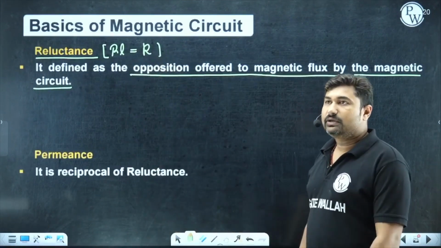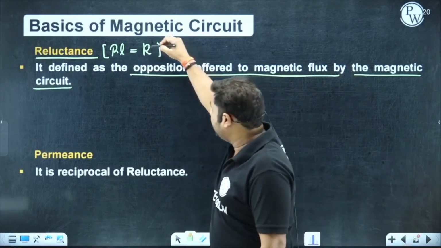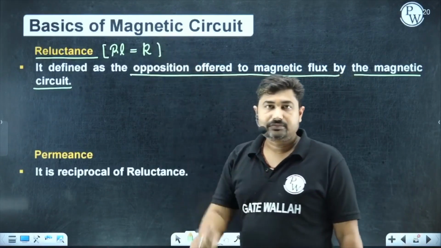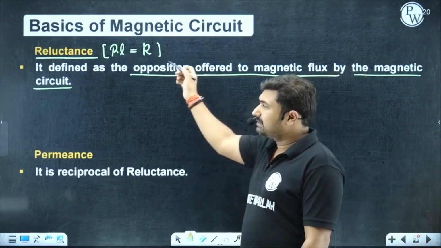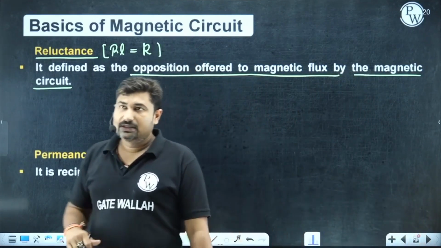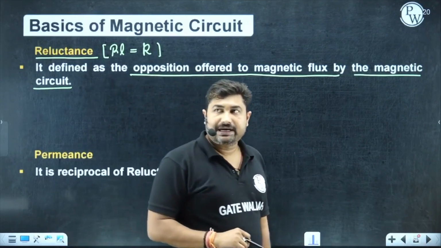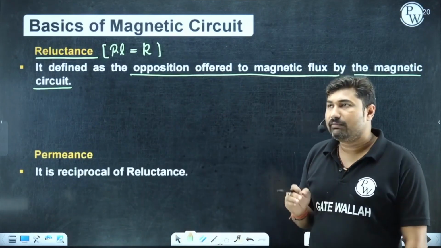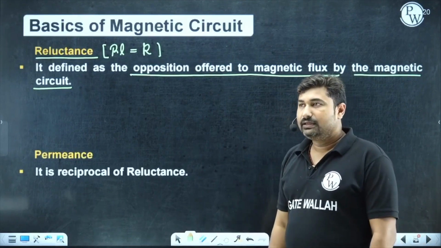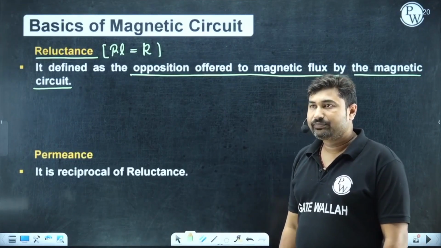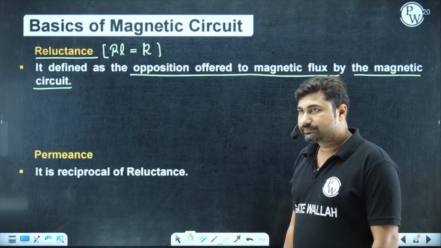There will be different notations in different books. In some books it will be represented by I also. So reluctance is defined as opposition offered to the magnetic flux by the magnetic circuit. Okay, great, sir.